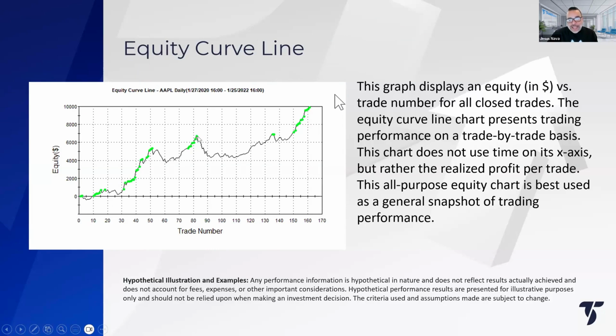You can see that when the equity starts going down, it doesn't plot any green dots. And it's not until it's actually able to surpass one of the prior green dots that a new green dot gets generated on the graph. So those green dots are important when you look at an equity curve line, because it does tell you how consistent the strategy is in generating profits.